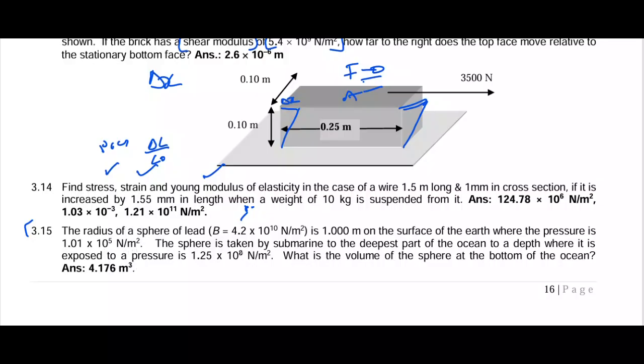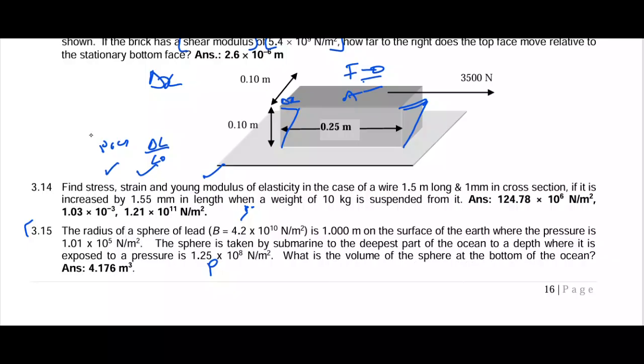The sphere is taken by submarine to the deepest part of the ocean, to a depth where it is exposed to a pressure. Again, what is the volume of the sphere at the bottom?